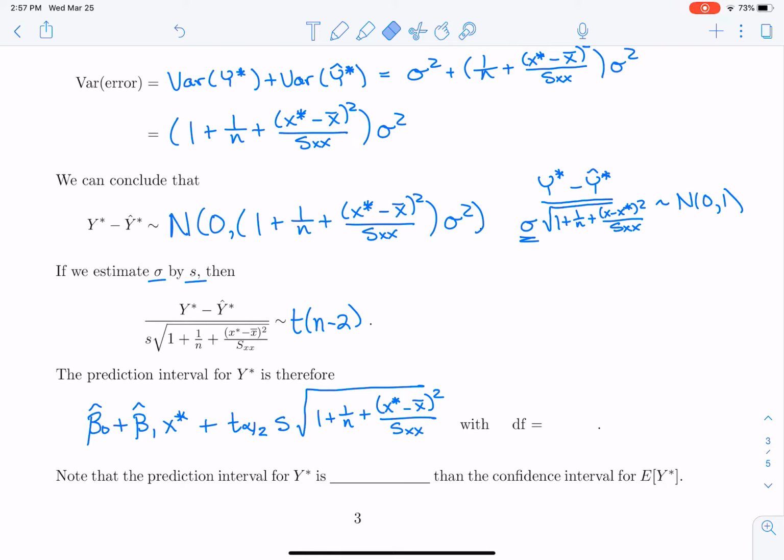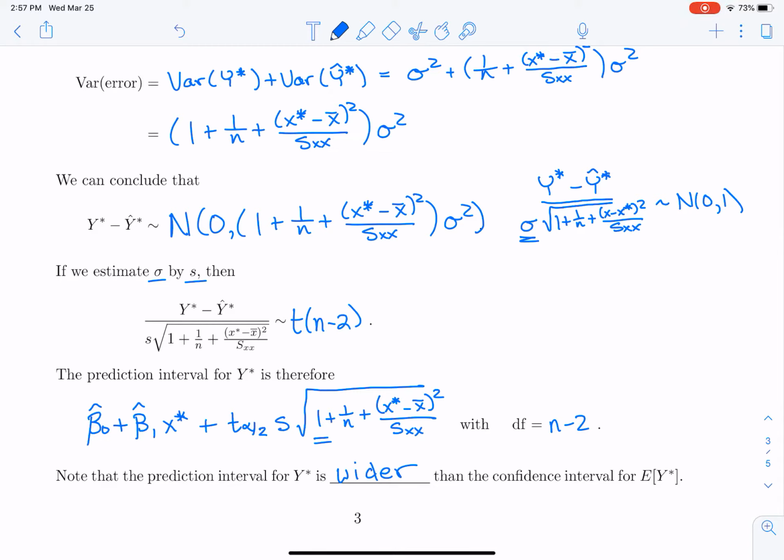Our degrees of freedom here will be, again, n minus 2. And I want you to notice that if you compare this to the confidence interval that we found for the expected value of y star, the only difference is this 1 here in the square root. So we've added a 1 in the square root. And because of that, our prediction interval is going to be wider than our confidence interval for the mean.